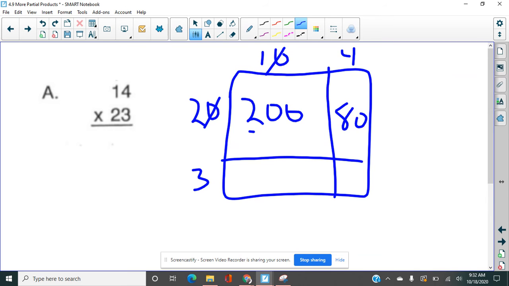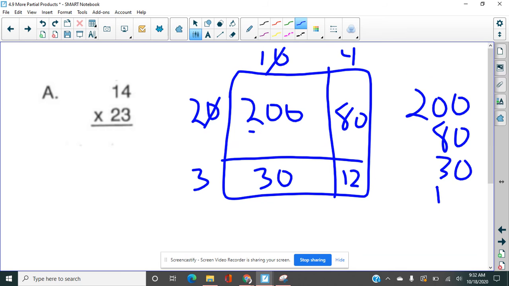We'd have 80 here. 10 times 3 is 30. 4 times 3 is 12. When you added those up, we would get, let's see, that's 12, 322.